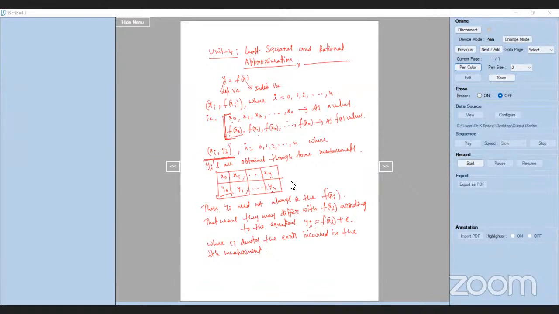These y values are not always the same as these f of x values. So this y value is equal to this f of x value plus some error incurred in the measurement. This is denoted as the measurement error.